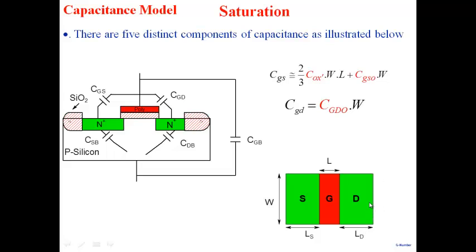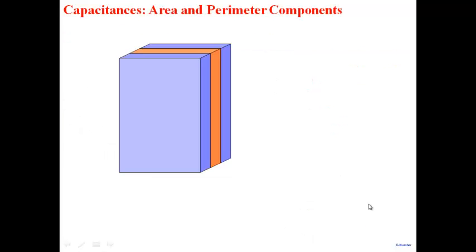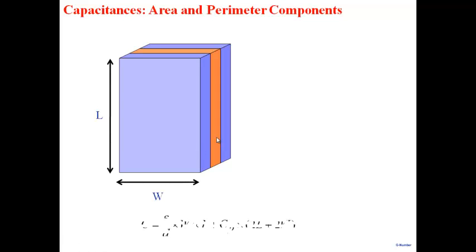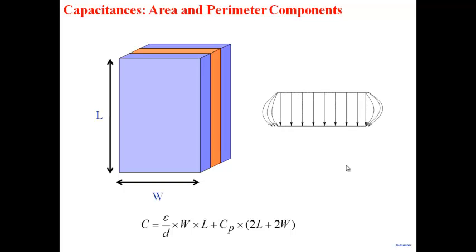Now, in this context, what I was trying to tell you yesterday is that when you look at a parallel plate capacitance, I have two plates here. The blue regions are the two metal plates, and in between is a dielectric. So this is length and width. When you look at a parallel plate capacitance, there are two components to it.